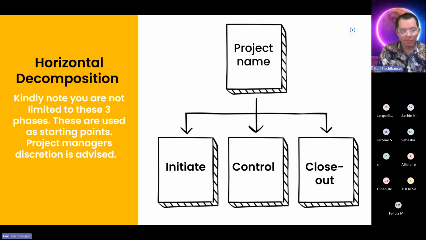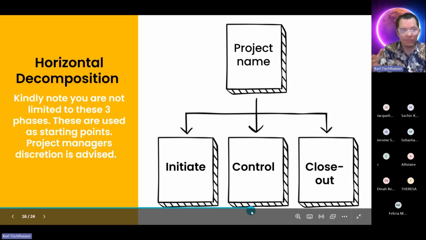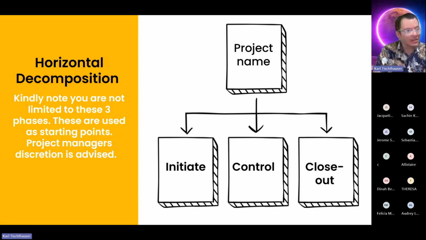They decide whether a project should be broken down into 3 phases, 4 phases, 5 phases. Some project managers have sub-projects in their projects, which means it's a project within a project. For example, say we're building a house, and one of our project requirements is that we find land.